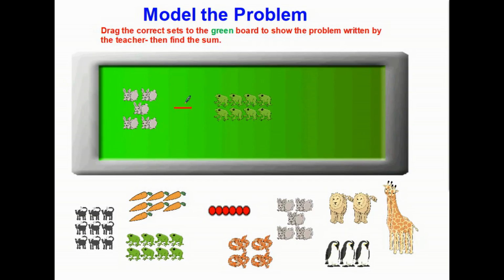So what is the sum, or in total how many animals are there? First you start with the biggest, as we have said. Here you have 8 foxes. Count 8, 9, 10, 11, 12, 13. So in total you have 13 animals.